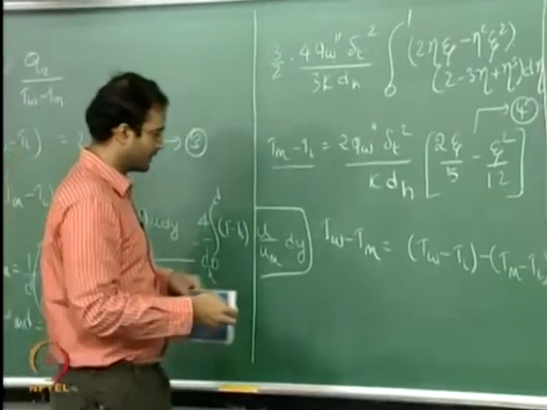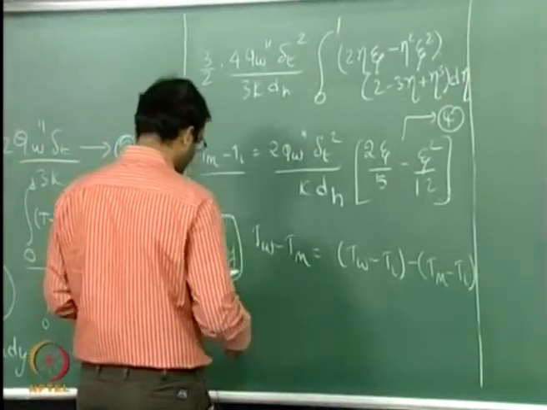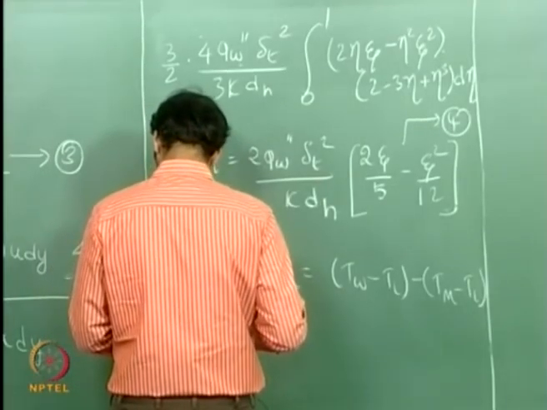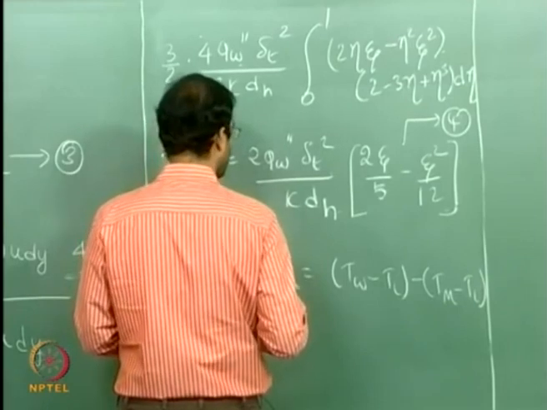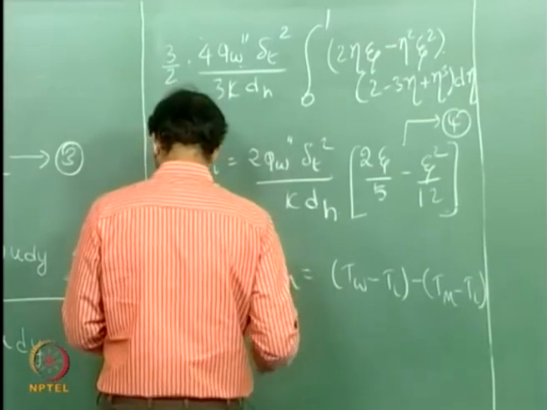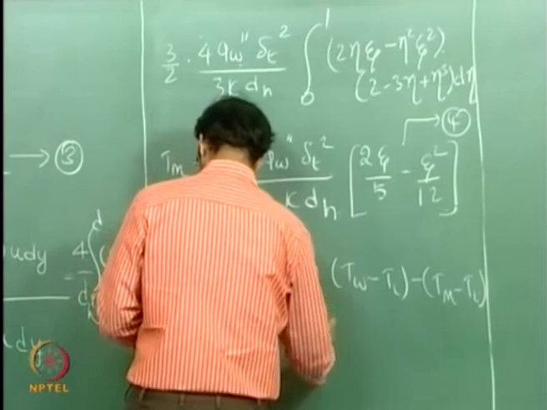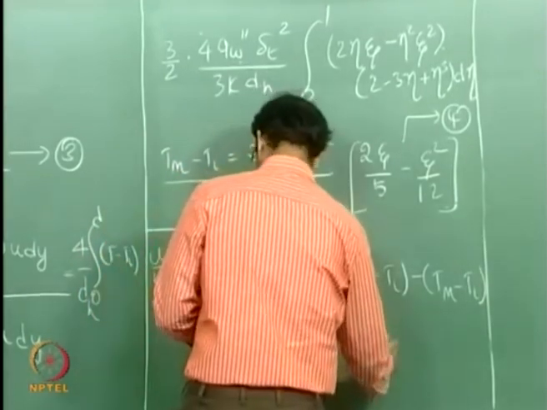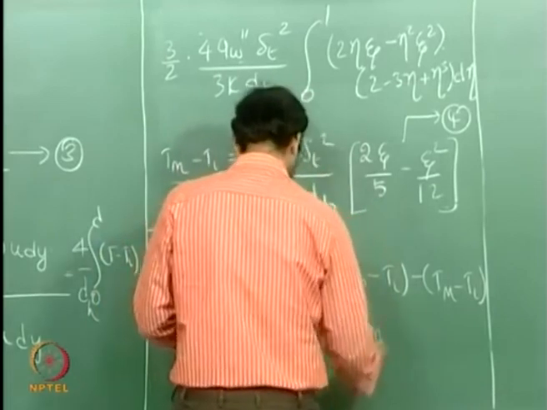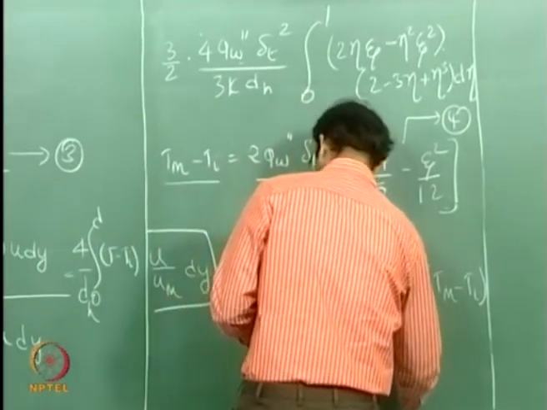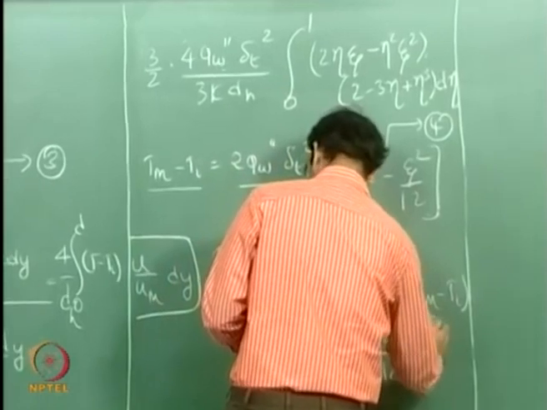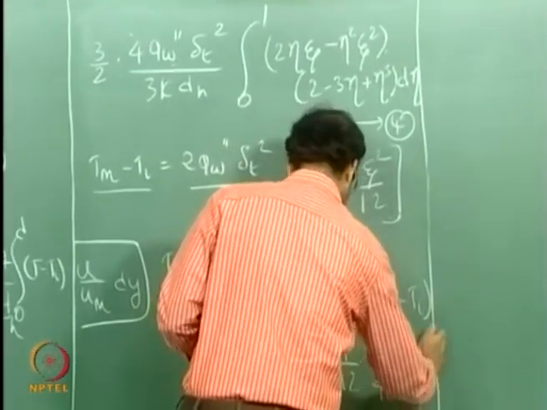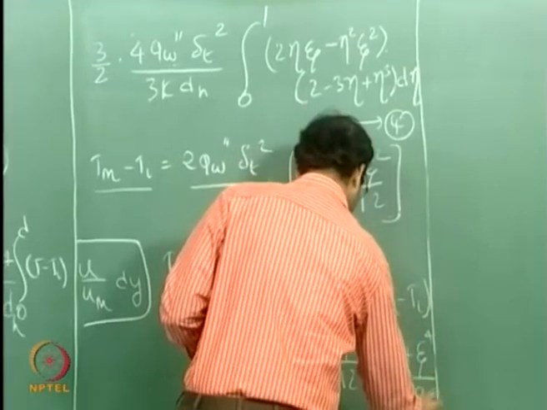So we will just take that out so that I can write my expression for Twall minus Tm as 2 times q double prime dh by k into zeta by 12 minus zeta cube by 40 plus zeta power 4 by 192.